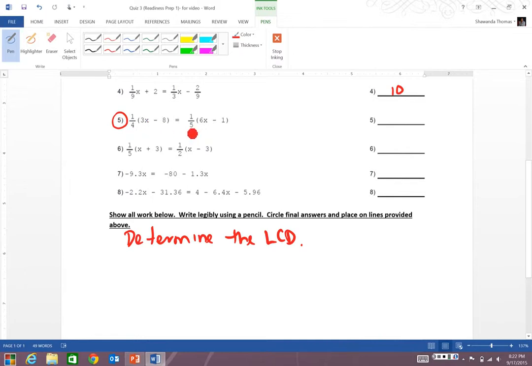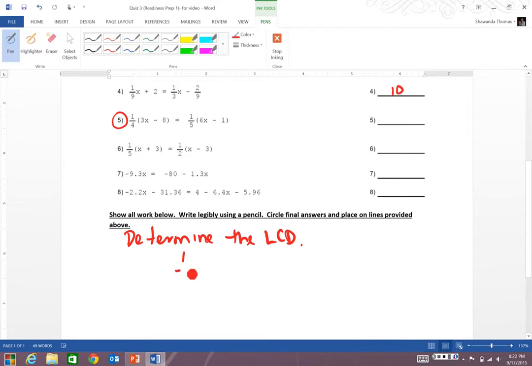But we want the lowest number, so that we won't create big numbers that we have to deal with. We want the lowest number that both 4 and 5 can go into. Now, 4 and 5 can go into this number evenly, or can be divided into this number evenly. So the LCD of 4 and 5 is 20.